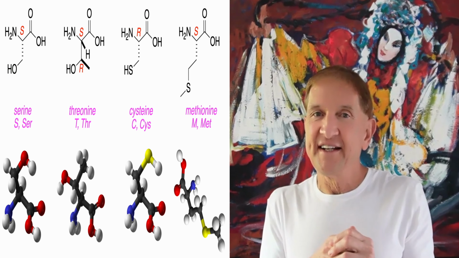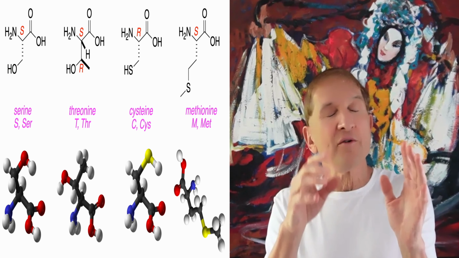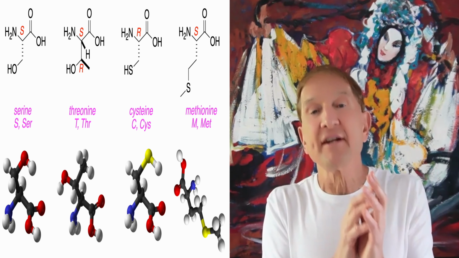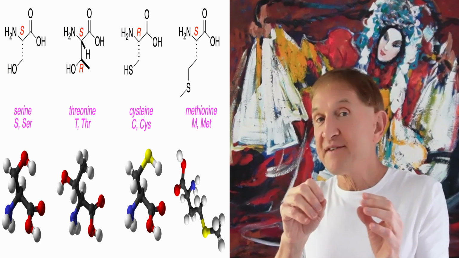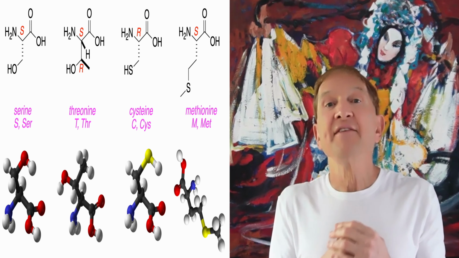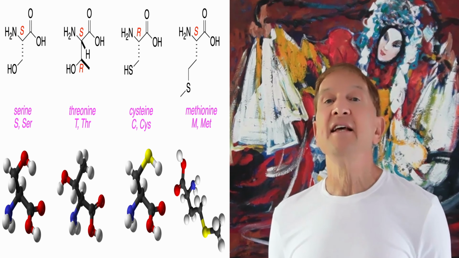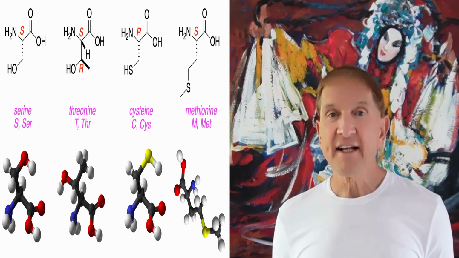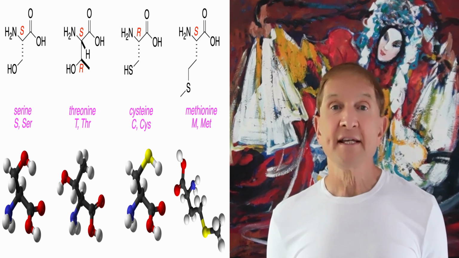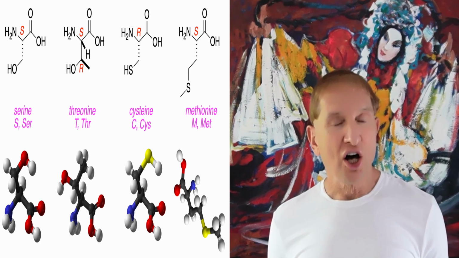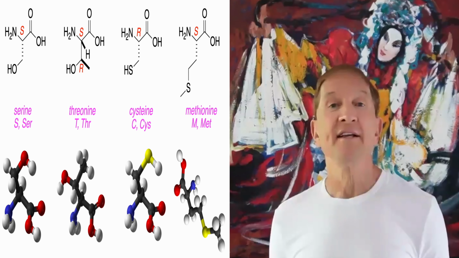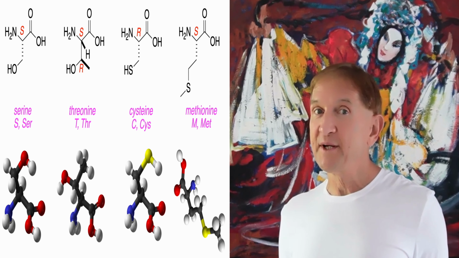In threonine, one of the CH2s of the serine methylene is replaced with a methyl group. And the stereochemistry of that is R. Threonine, three-letter code, T-H-R, one-letter code, T.